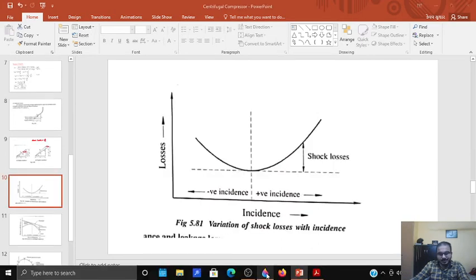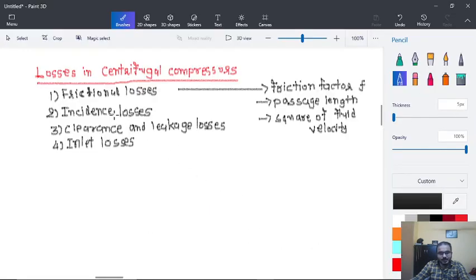So that is about the incidence loss. And now let's discuss the clearance and leakage loss.